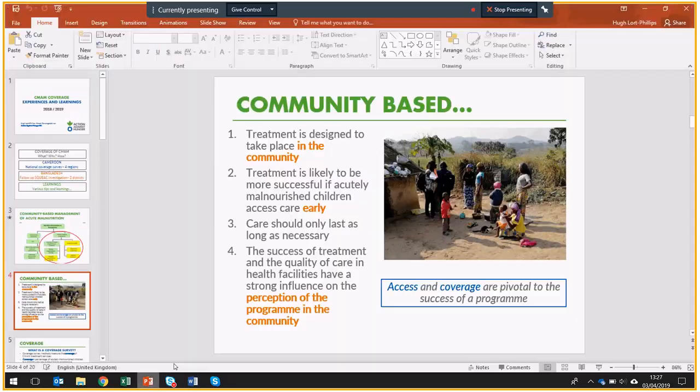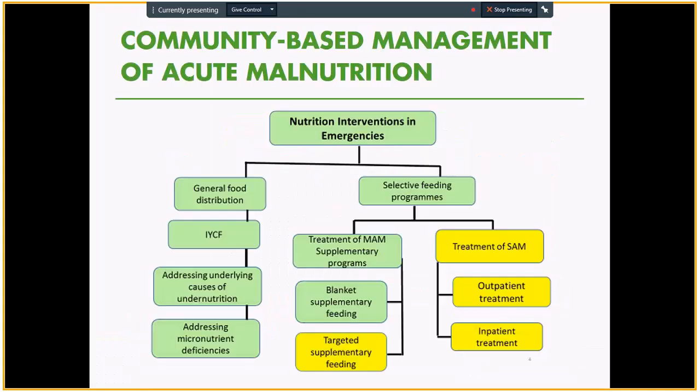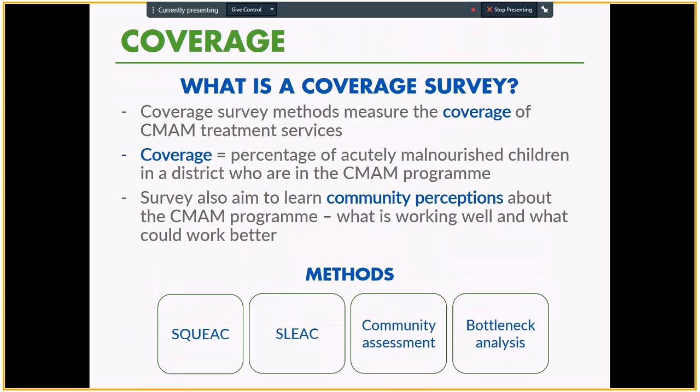So, what is a coverage survey? I'm going to quickly gloss over this again and move on to the results. Coverage surveys, as you may have guessed, measure the coverage of CMAM treatment programs. Coverage is the percentage of acutely malnourished children in a district who are actively in the CMAM program at the time of the survey.